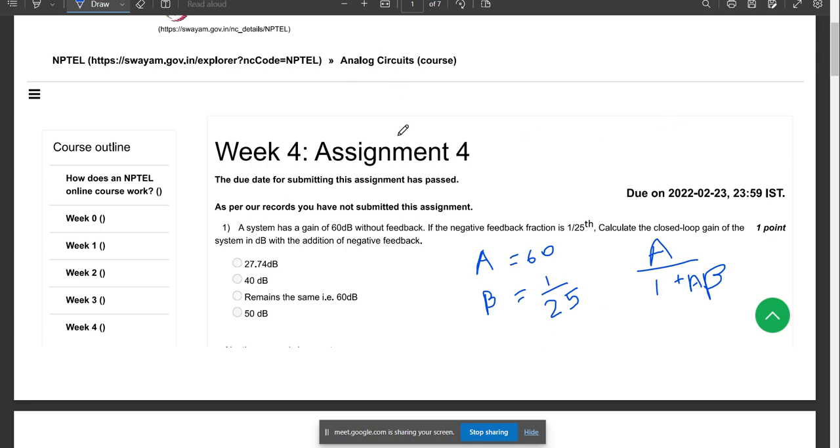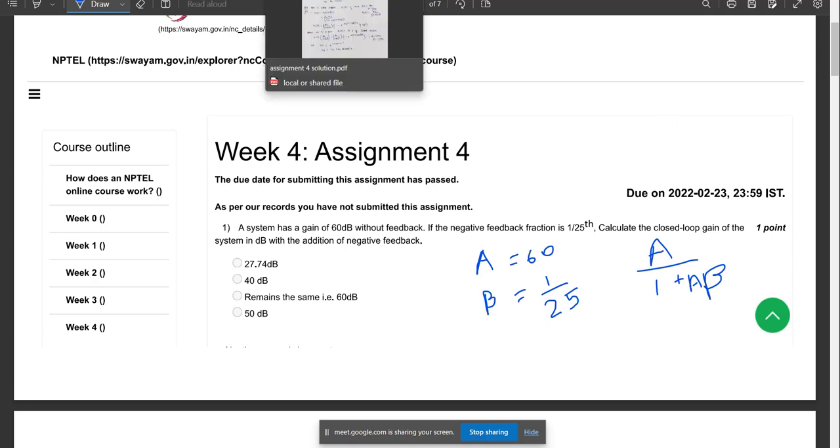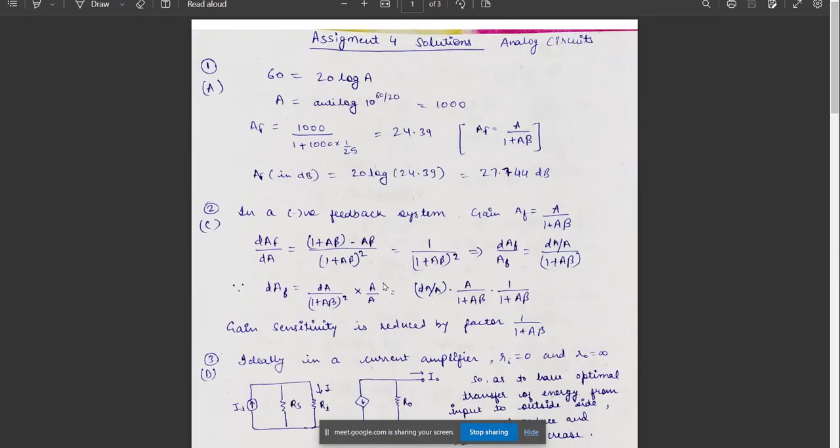Done? Okay. Chalo, let's go ahead. Let's try to solve it. It's okay if you haven't done it yet. Let's solve it.